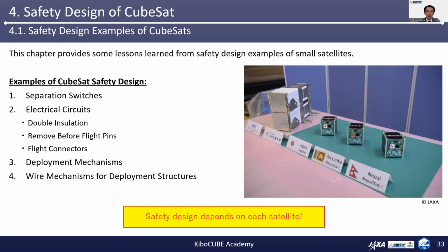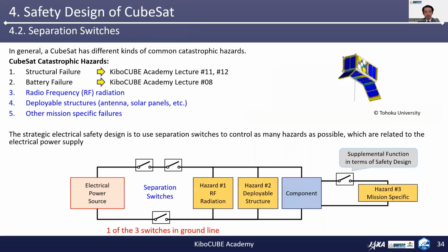The discussions in the following slides are design examples, and I need to emphasize that safety design of satellites depends on each satellite. So please be aware of that. In this slide, I'd like to explain about the importance of separation switches from the safety design point of view.